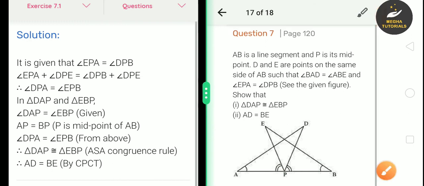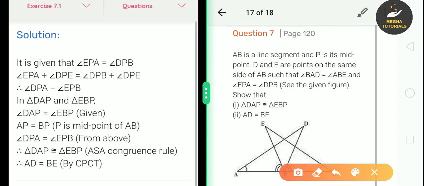It is given that P is the midpoint of AB, it means AP and PB are equal. Then angle BAD, this angle, is equal to angle ABE, this angle. And angle EPA and angle DPB are equal.